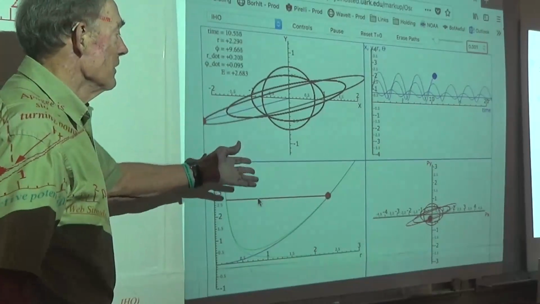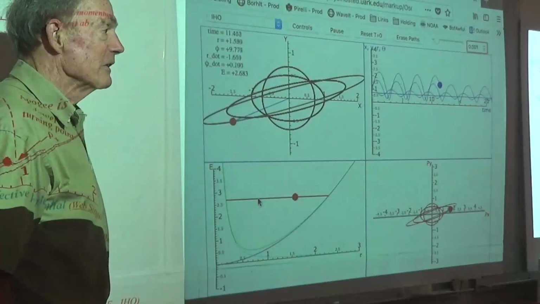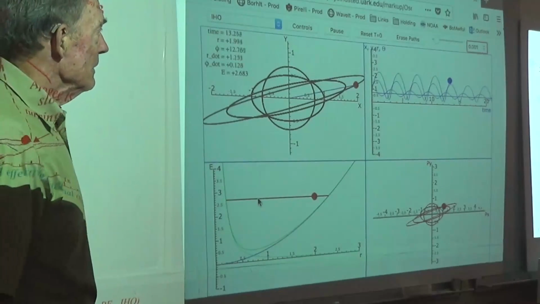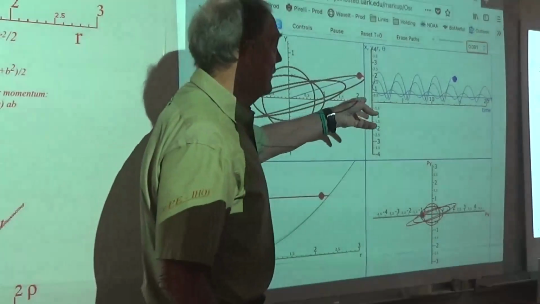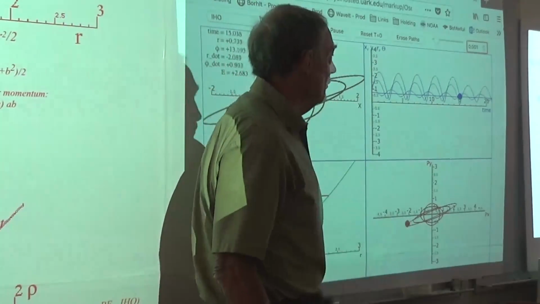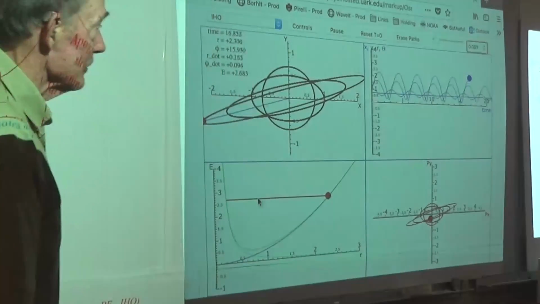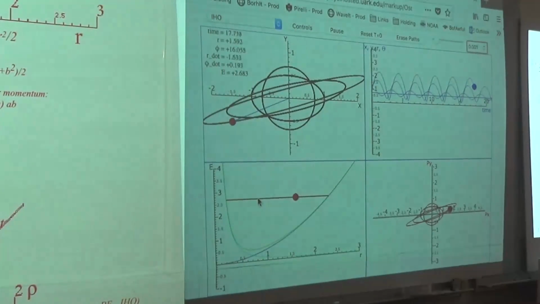It doesn't turn around very fast, right? Meanwhile, we can do plots of other quantities here versus time, and they're basically not interesting oscillatory plots. They're just sine, basically sine or near sine curves. Okay?